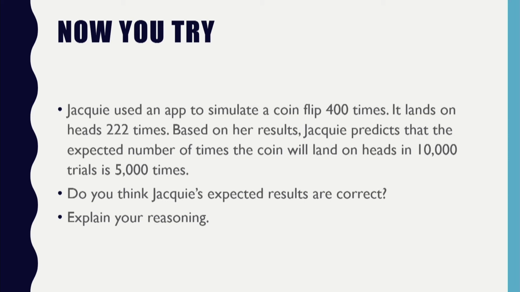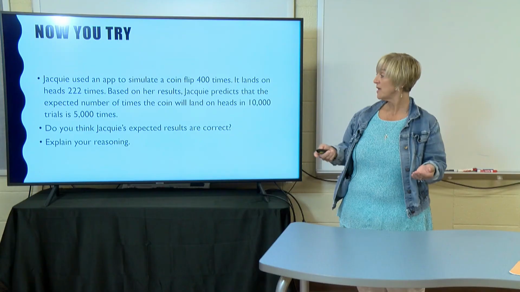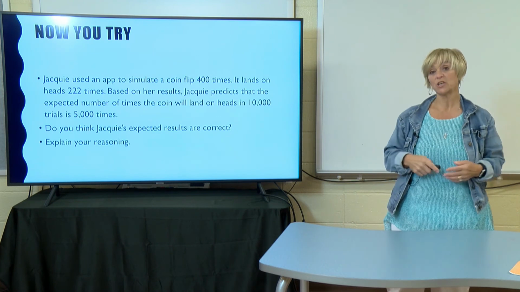Do you think Jackie's expected results are correct? They look, if you think about it, yeah. That was about half of the time that when she flipped the coin 400 times, 222 is a little over half. So she's pretty close, wouldn't you think?